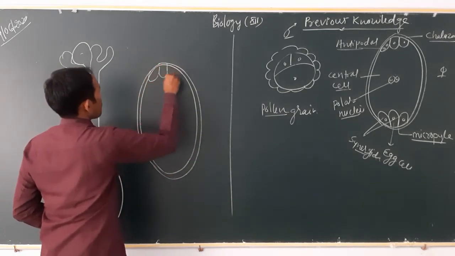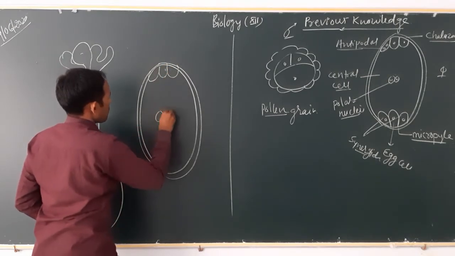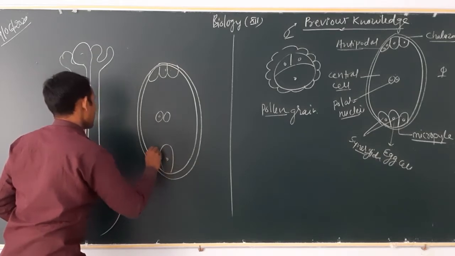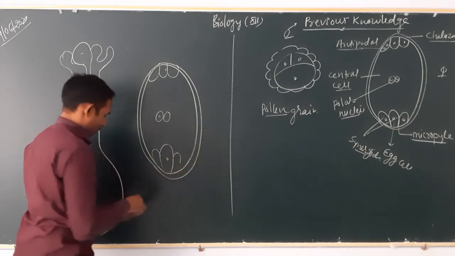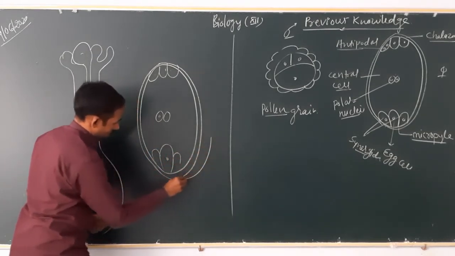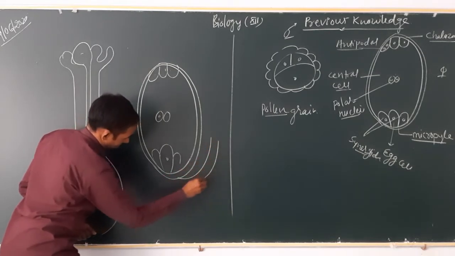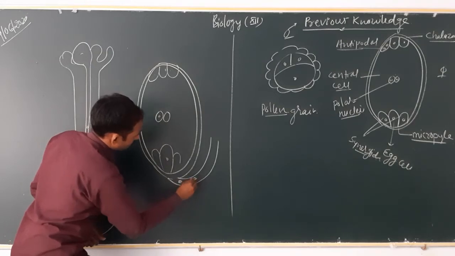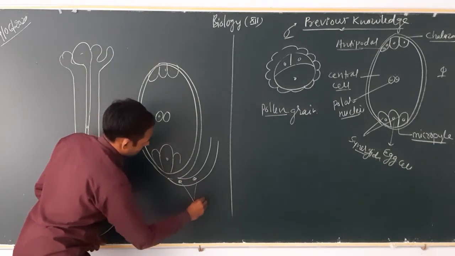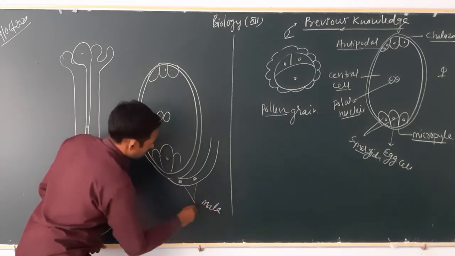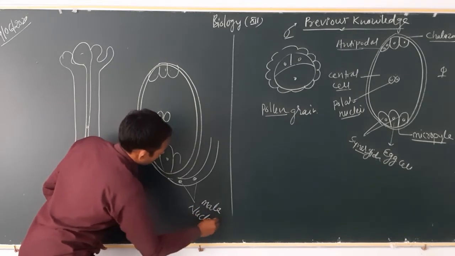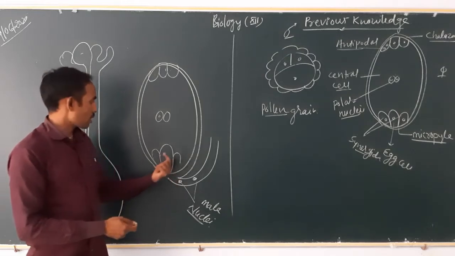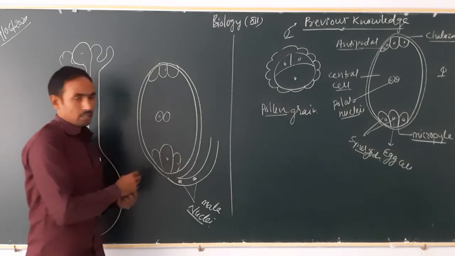These are antipodal, this is the polar nuclei, this is the egg cell, and these are synergids. So the pollen tube reached up to here. With the pollen tube, 2 male nuclei are also present. But the question is, what is the need of 2 male nuclei for the plants? Here you shall get the answer.